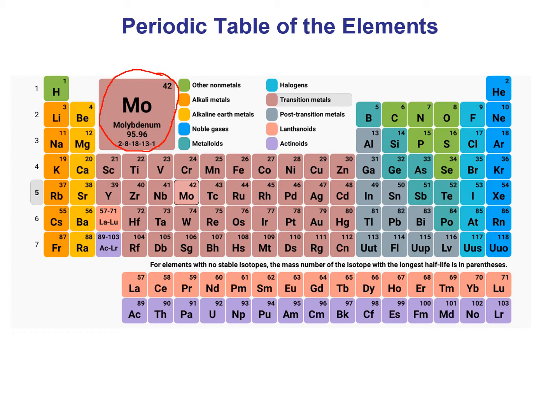That refers to the number of protons, and down here we've got 95.96. That refers to a more accurate depiction of the atomic mass. And again, this is averaged over all of the molybdenum atoms that you might come across out there in the real world.